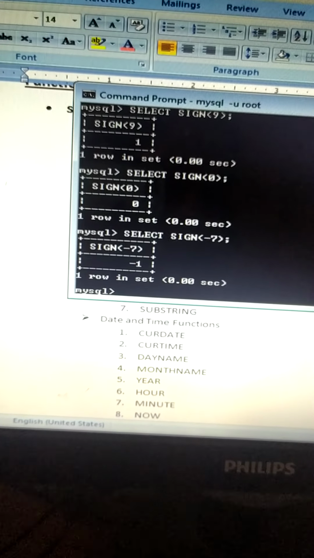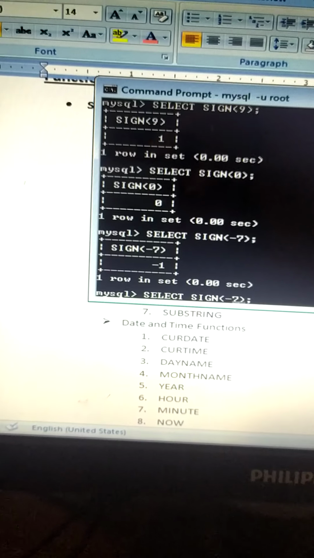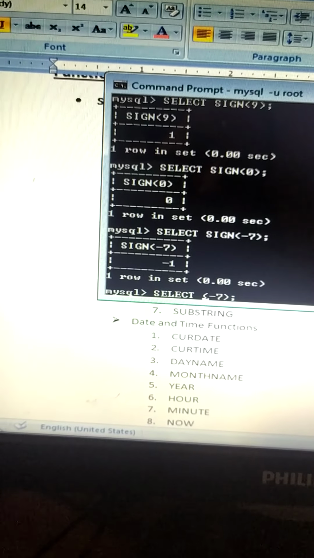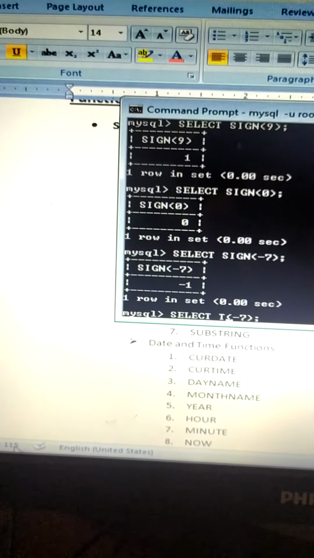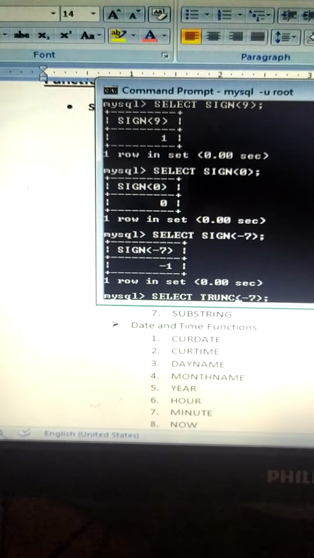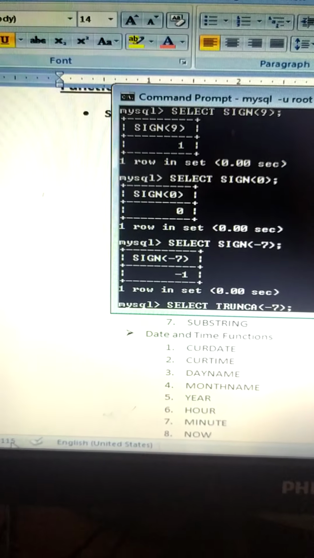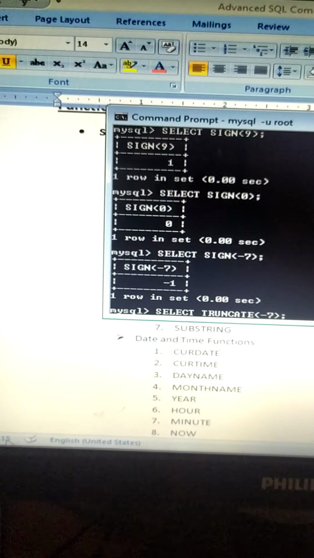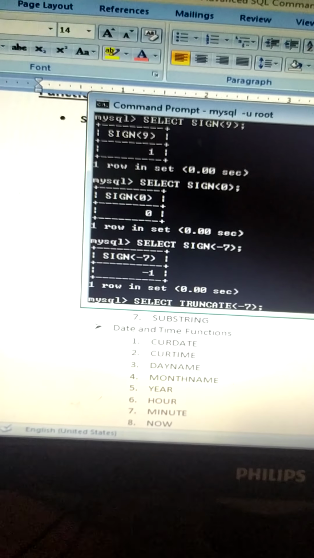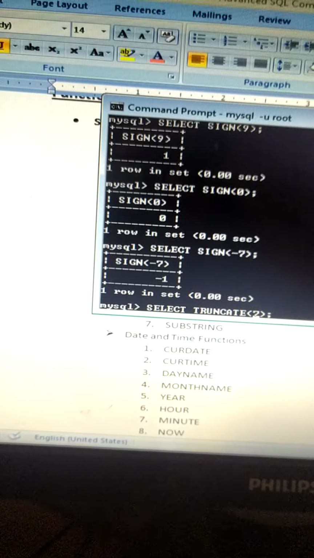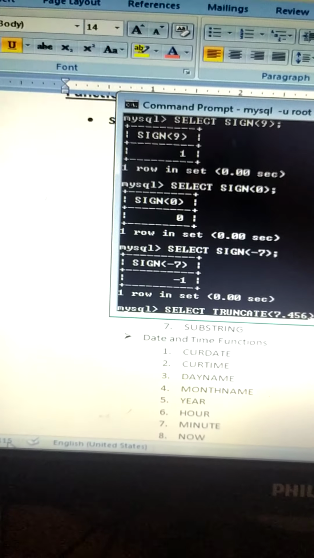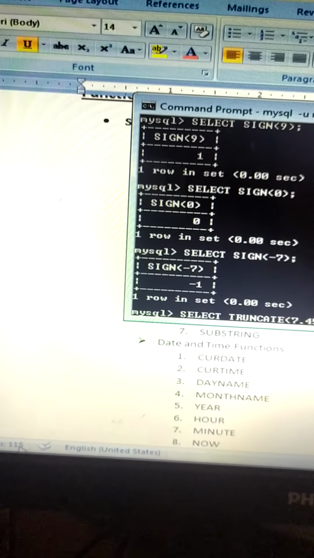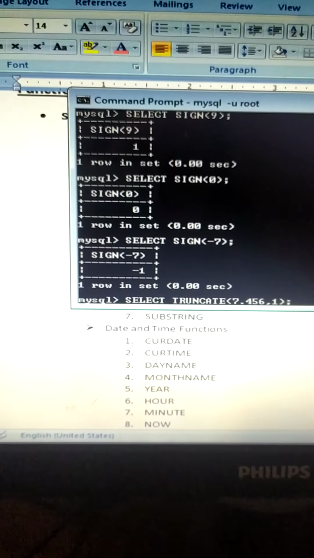The next command is truncate. Now truncate also, I will explain with an example. Select truncate, suppose 7.456, 1.